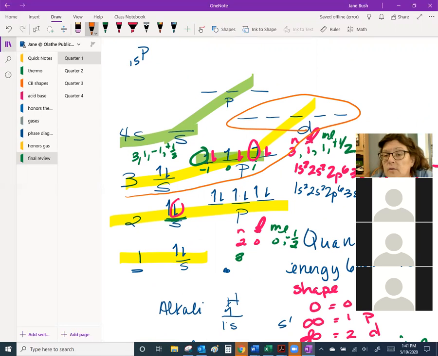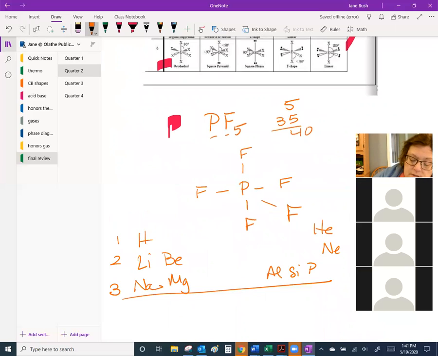Anybody in the second layer can only have 8, but anybody in the third layer on could go higher. So if you're faced with a picture of PF5, that tells you that you can actually have 10 electrons around the phosphorus.